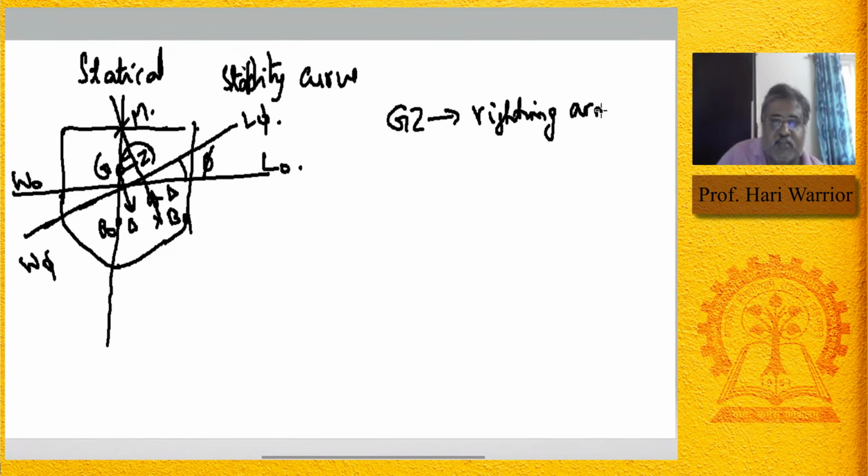G cannot be used except for the center of gravity. G is the center of gravity, Z is the position of that perpendicular. So this GZ is known as the righting arm or the righting lever.